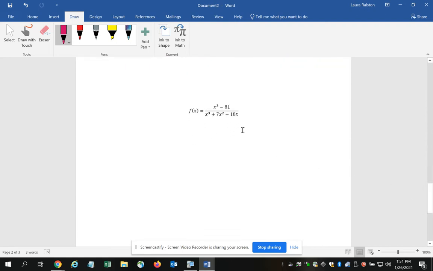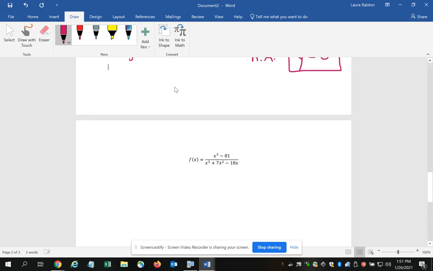Sometimes you may need to simplify your expression first. I didn't do that on the other problem. I probably should have, but I didn't. So let's see if we can simplify this first by factoring.